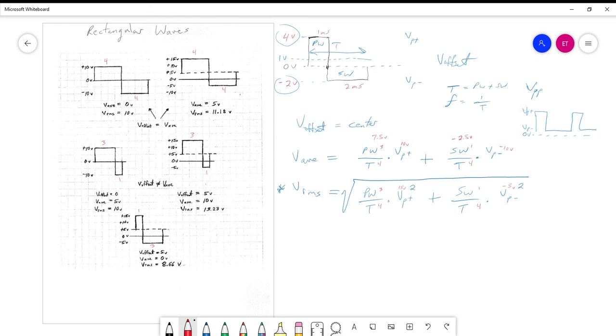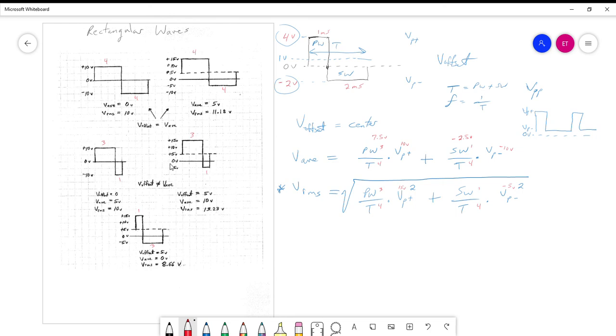So square that, right? And notice the negative goes away when you square it. So -5 squared is 25, right? So 1/4 of 25 and 3/4 of whatever 15 squared is. So run those numbers. You should come up with this 13.23 volts for your RMS.